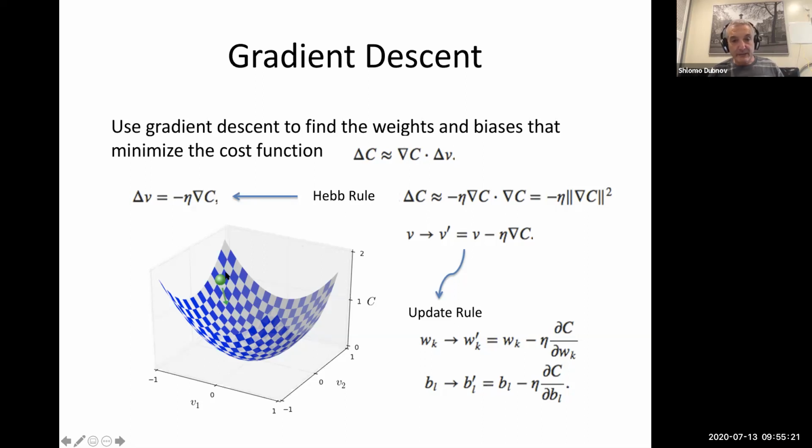So if we take this direction and we change each V by some delta, we will actually be moving down this slope. Now, this is something that was already explored by biology-motivated early neural network people, called the Hebb rule.